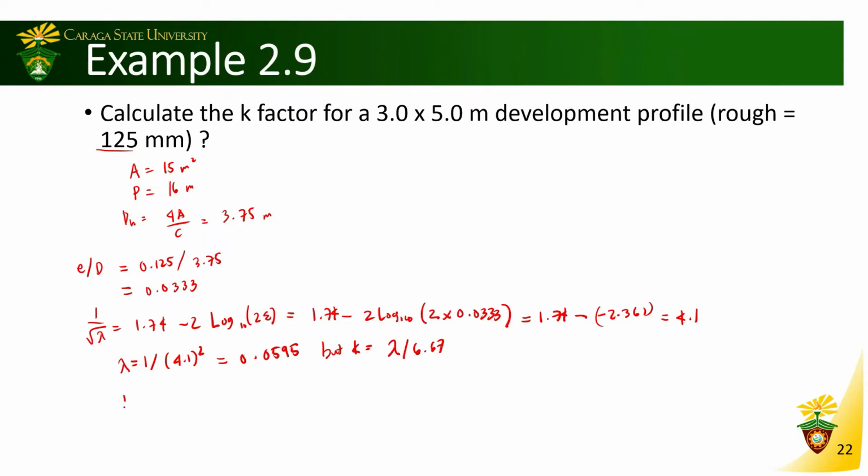Therefore, k is equal to 0.0595 over 6.67, which is equal to 0.00892 Newton second squared per meter to the 4.